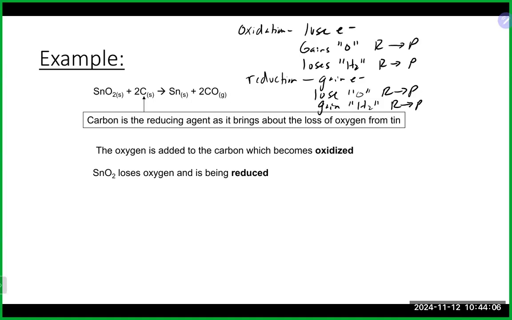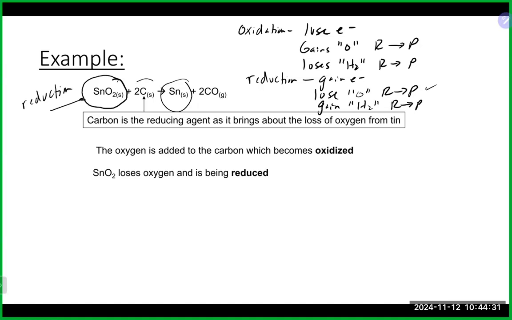So for example, if we look at our tin substance here on the left-hand side versus the right-hand side. Tin has some oxygen on the left and no oxygen on the right, which means that it has lost oxygen as it goes from left to right, which means that it is going through reduction.